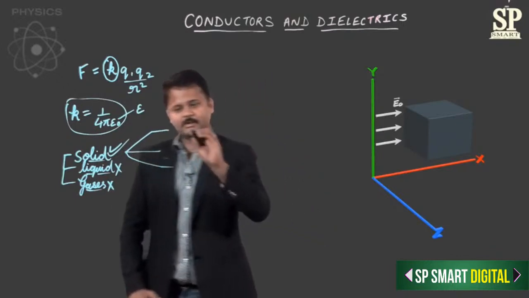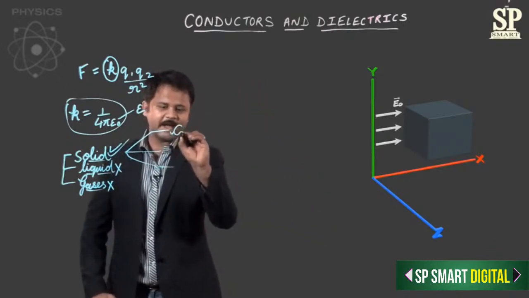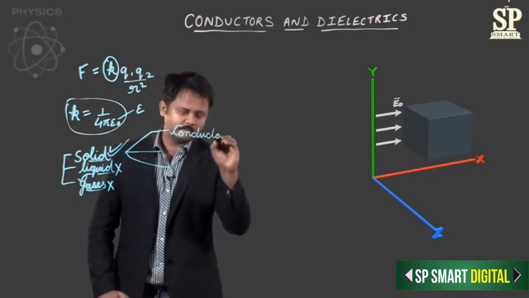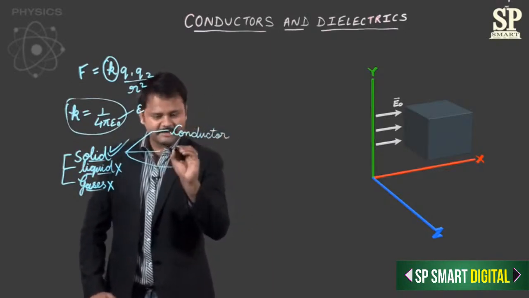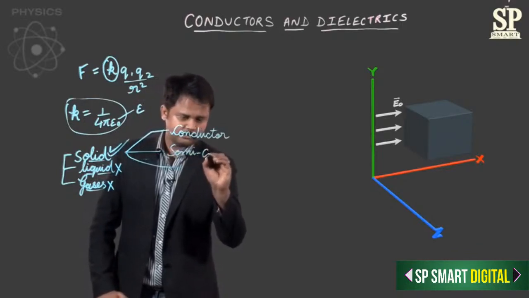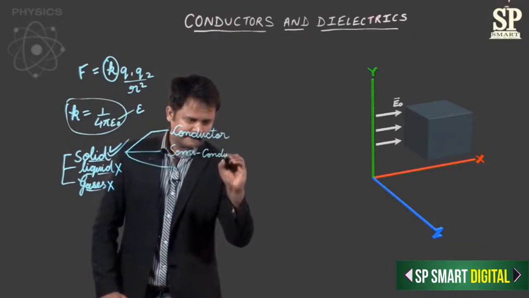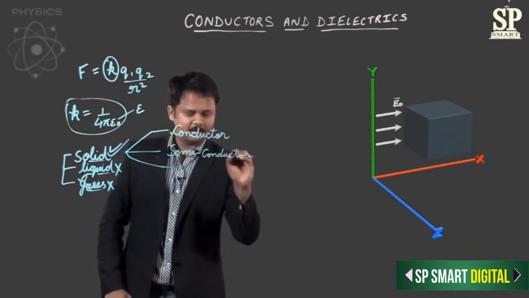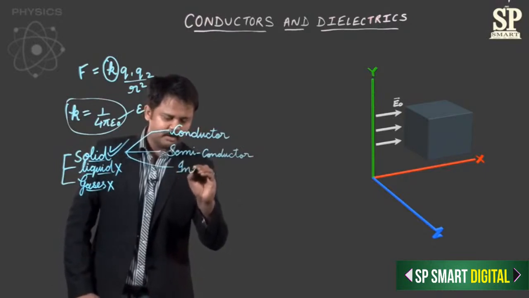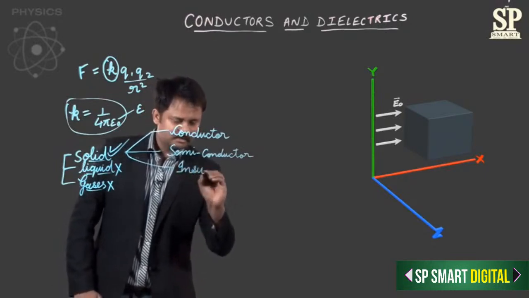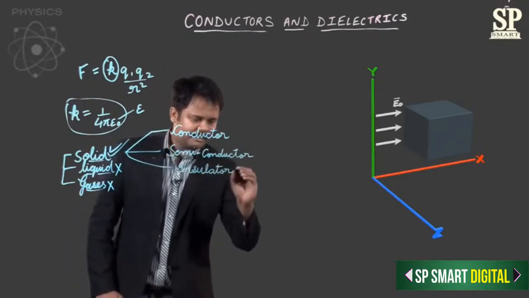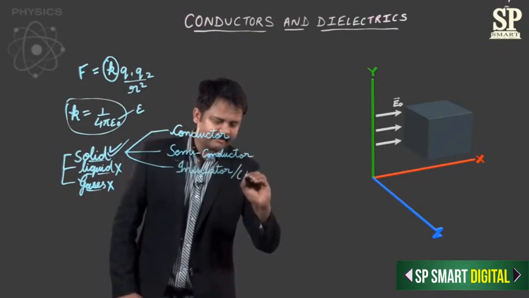In this context, a solid can be categorized as either a conductor, or a semiconductor, or an insulator. And insulators, we will see, also have another name, dielectrics. So I'll write insulator, and then they can also be called dielectrics.